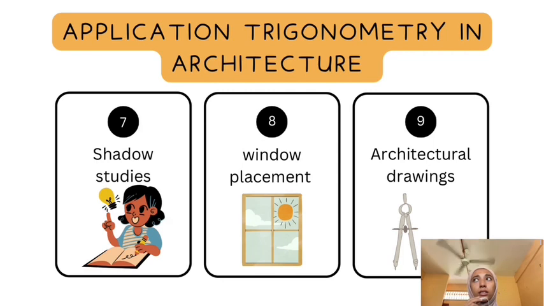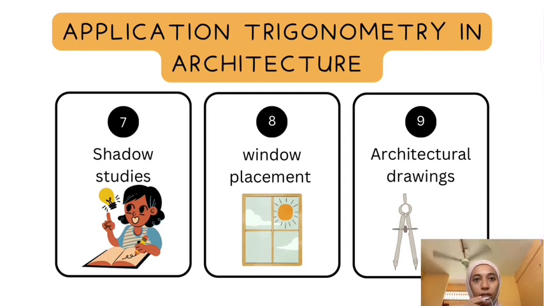This helps in optimizing natural lighting and energy efficiency. And then window placement. Architects use trigonometric calculations to determine the best placement of windows for maximizing natural light and minimizing heat gain.